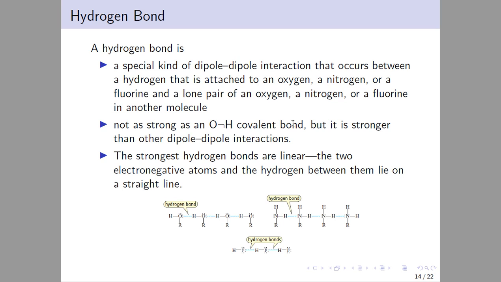It is not as strong as the OH covalent bond, but is stronger than the other dipole-dipole interactions you saw previously. The strongest hydrogen bonds are linear: the two electronegative atoms and the hydrogen between them lie on a straight line.